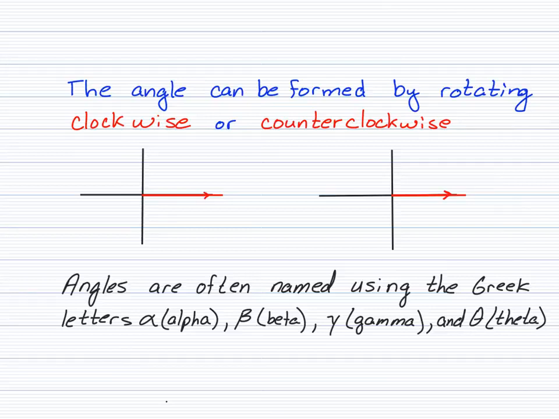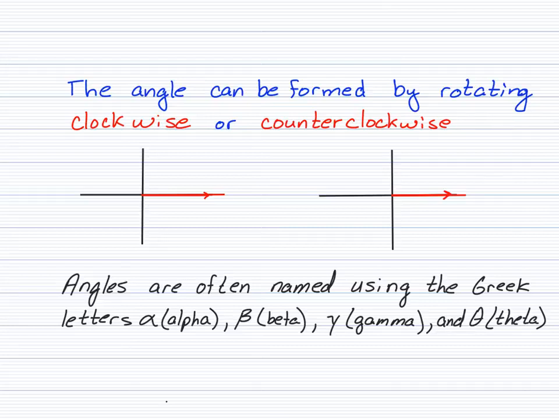Now, an angle can be formed either by rotating your terminal side clockwise. So for example, you could rotate this way, clockwise. Clockwise would be this way. So you can rotate an angle clockwise going this way all the way around your circle or coordinate axes.